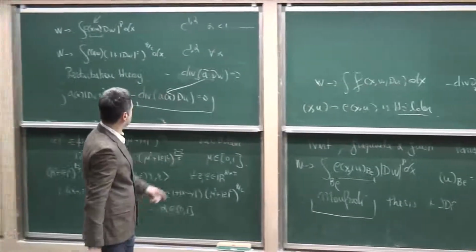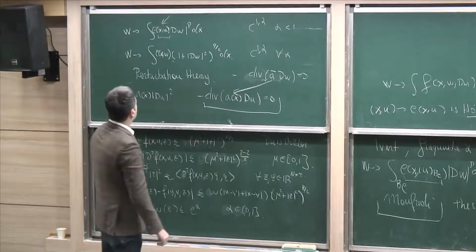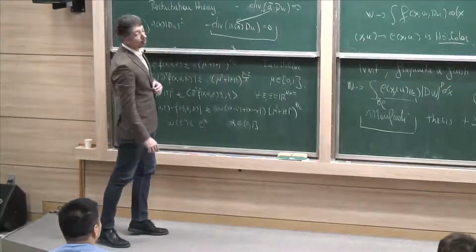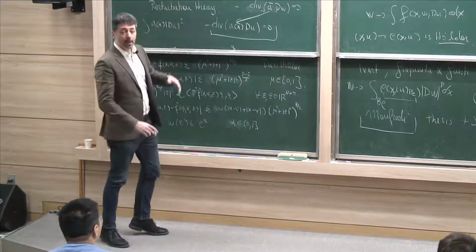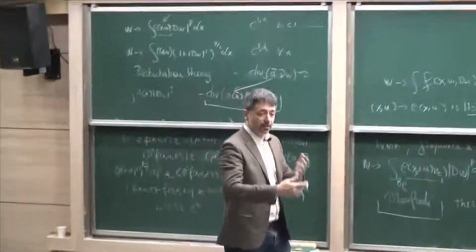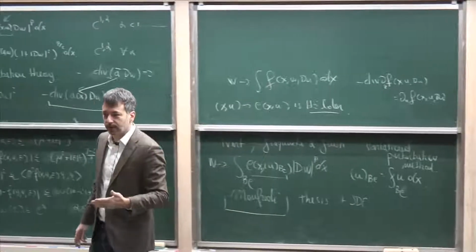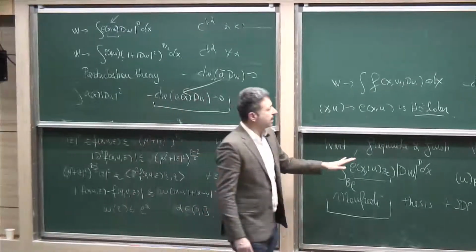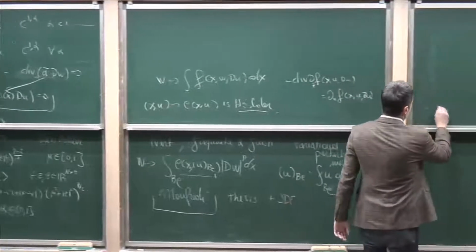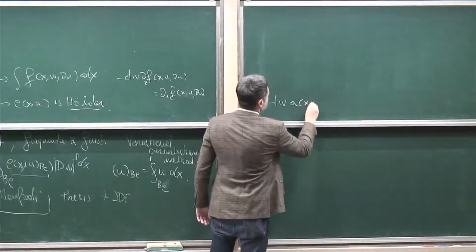But the real thing is that essentially, once you have the regularity theory for functionals with no coefficients, then you implement the regularity theory for functionals with coefficients doing this variational perturbation method that does not make use of the Euler-Lagrange equation. Of course, this technique also extends directly to solutions to equations like this.